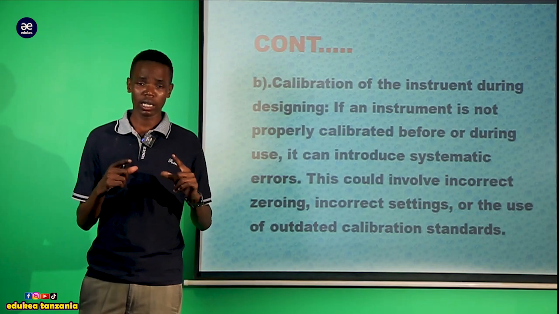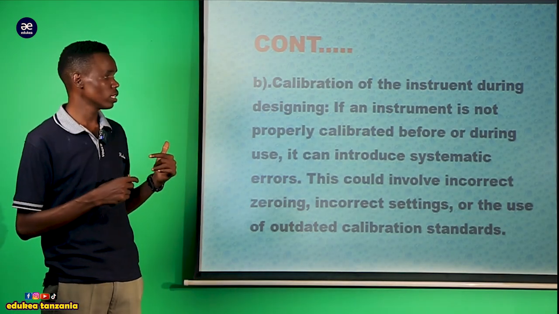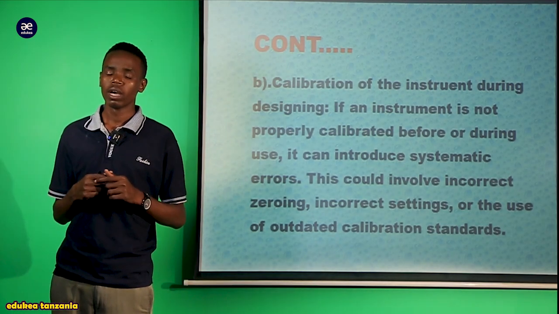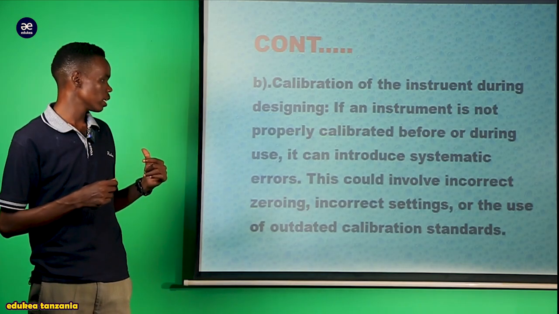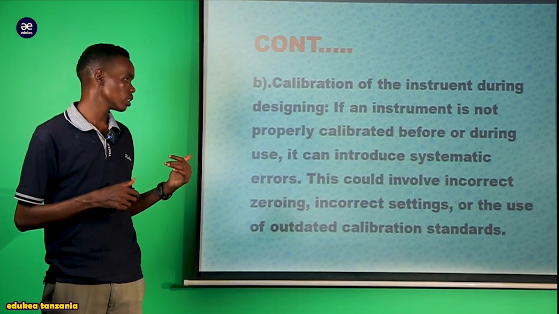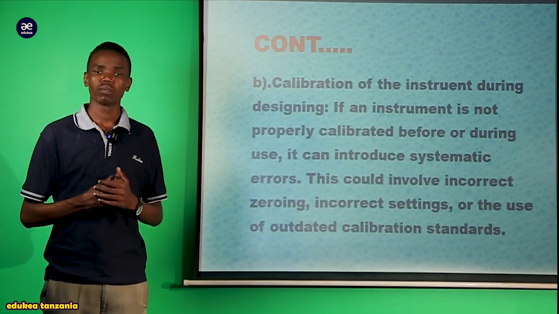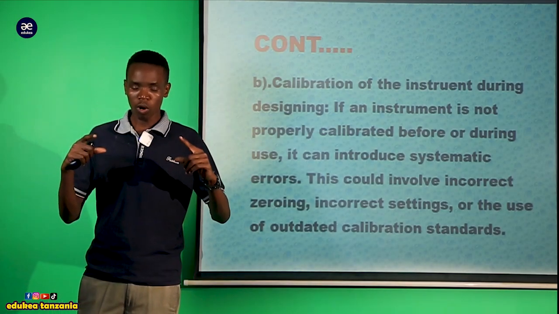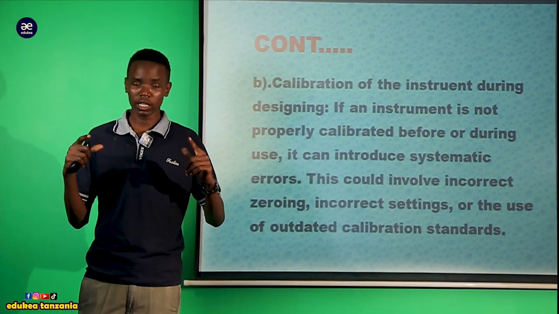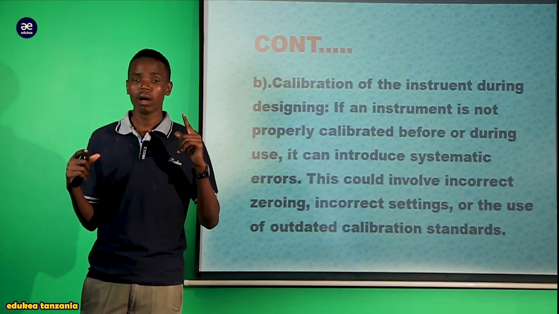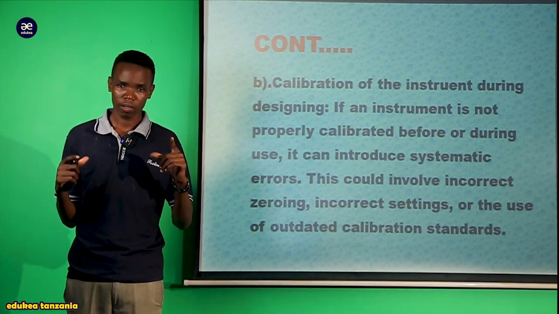This calibration of the instrument, my dear student, occurs when we are not involving the zeros. Pale unapokuwa unapima scale, you take your data, my dear student, either by using the ruler.